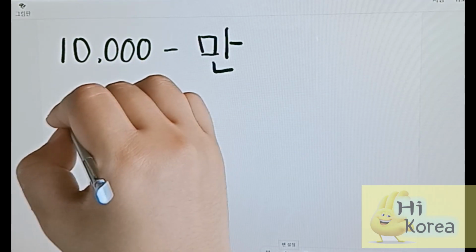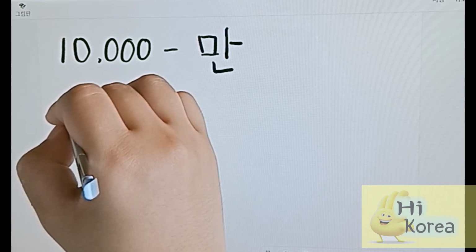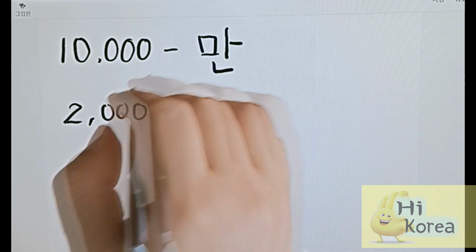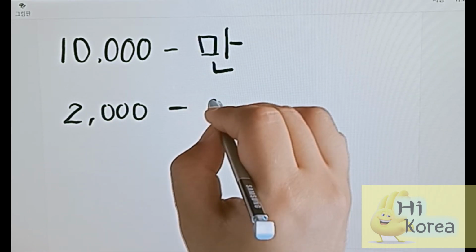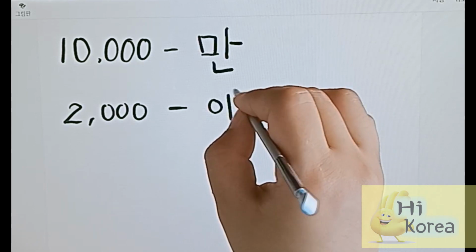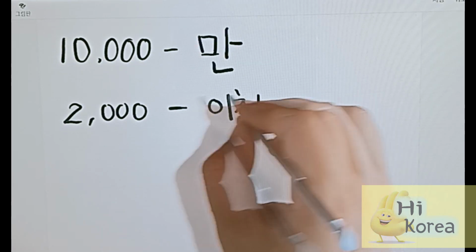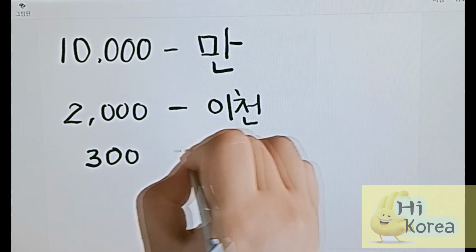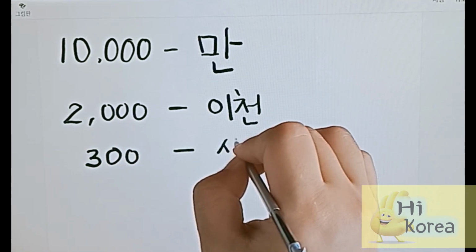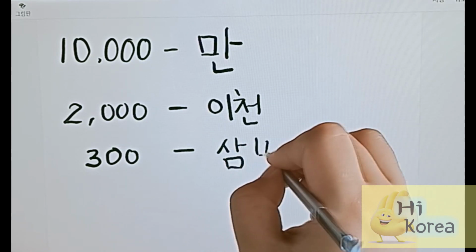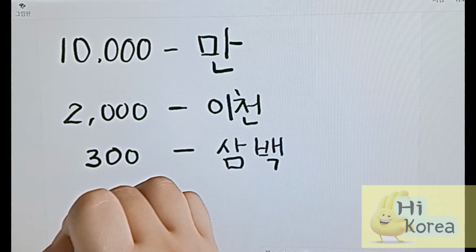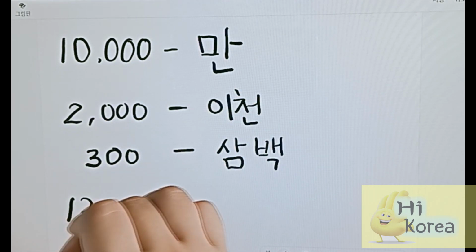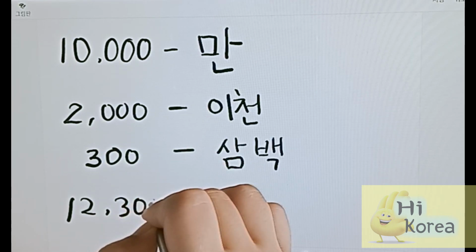Okay, example, you have 2000 and 1000, 1000. And you have 300, some back. 12,300.